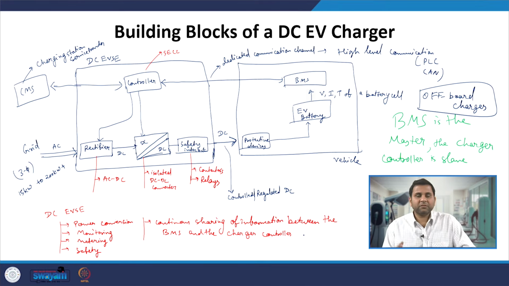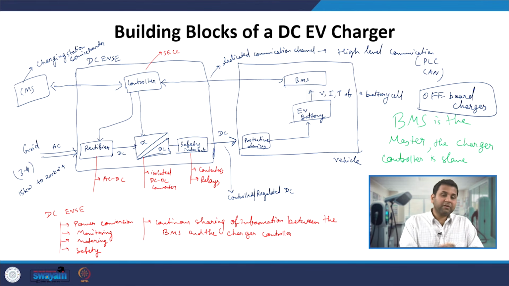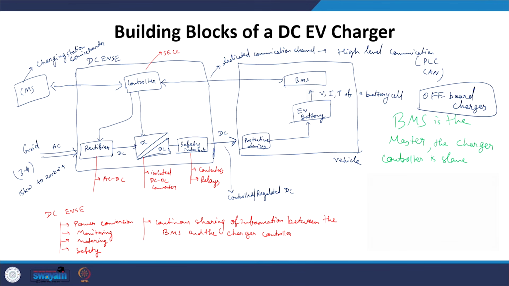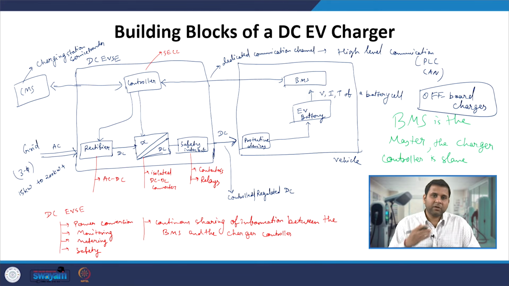As the power conversion is taking place outside the vehicle, one needs to share a lot of information of the battery pack. The status of the battery pack needs to be continuously communicated to the supply equipment communication controller, so as to understand at what stage of the charging profile the battery pack is, and accordingly they can tell the rectifier and the DC converter to apply the required DC voltage and current.